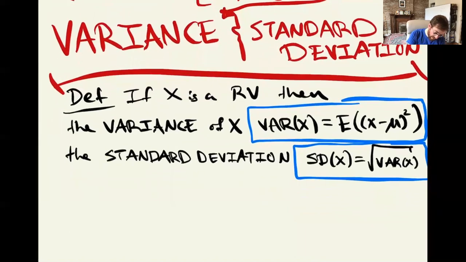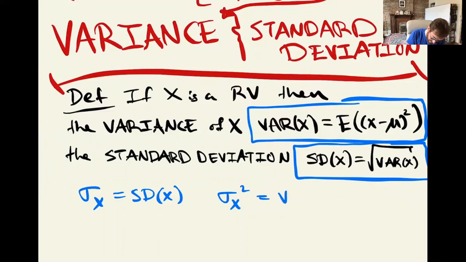There are other bits of notation which you might want to be aware of. So you can also write sigma of X is equal to the standard deviation of X. And correspondingly, sigma of X squared is also equal to the variance of X. And maybe I'll be lazy about capitalizing A and R like I did here. But that's alternative notation.